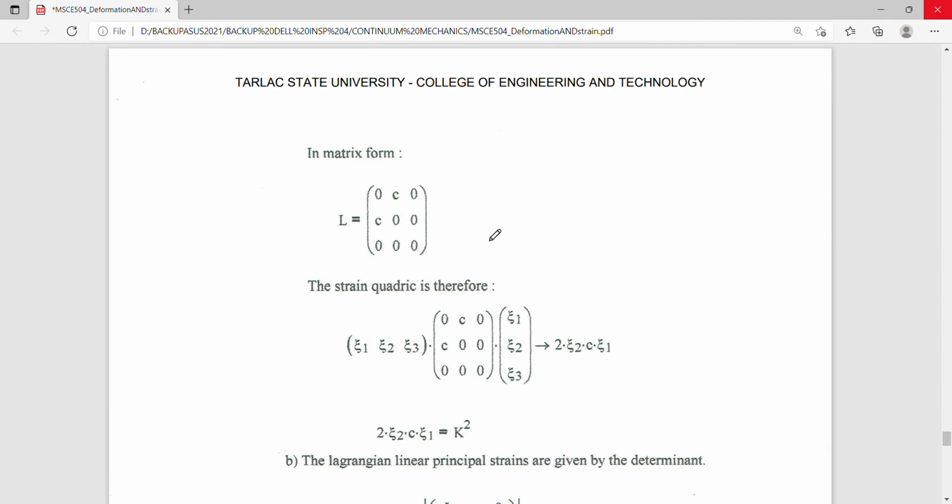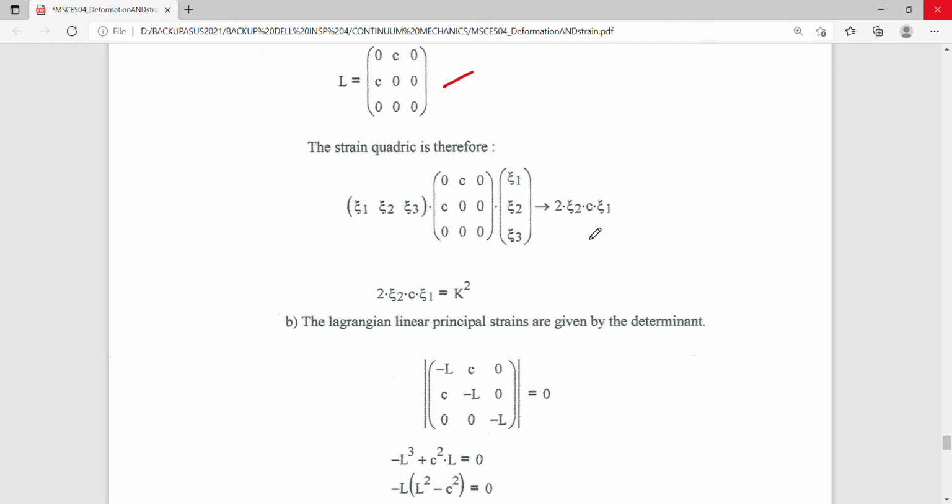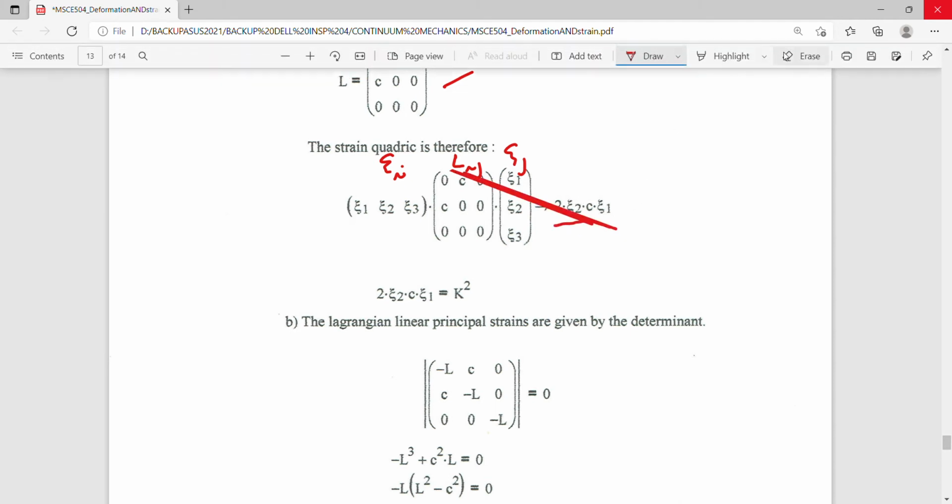So this is the one, so it's detailed now. So the strain quadric is therefore simply this one. You just make use of the sum L_ij x_i x_j, so you get this one, or simply this is equivalent to k squared.